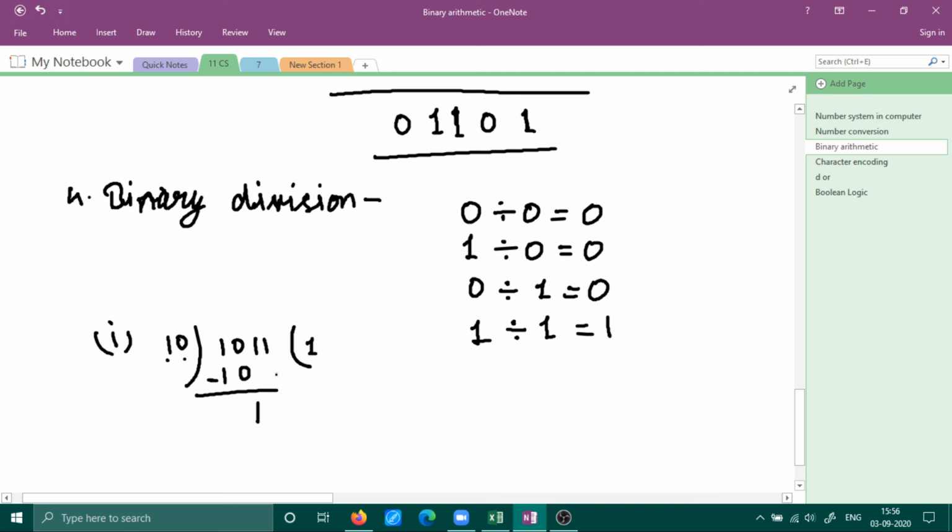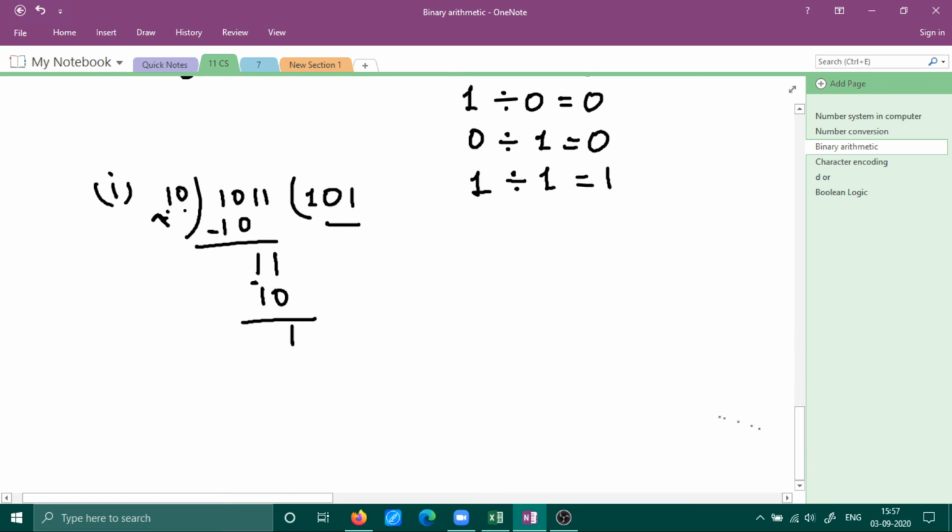Then we understand that we need to bring down one more digit, as this number is smaller than that number, so we put a 0 here and bring down another digit, which is 1. Now this is 11, this is 10, so 10 ones are 10, and here 1 is the remainder. So this is the result and this one is the remainder.